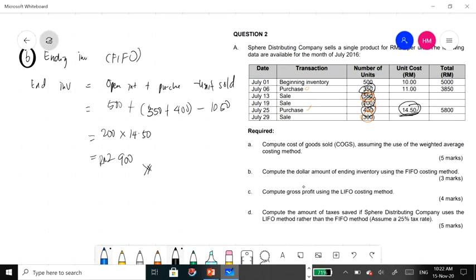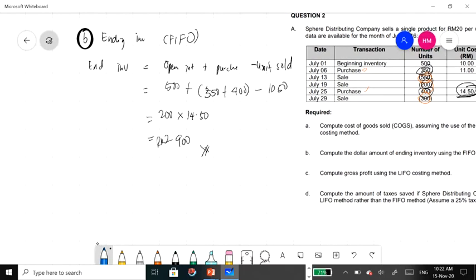Compute gross profit using the Lifo costing method. Okay, so Lifo costing method. Gross profit Lifo. So kalau gross profit yang you all kena tahu ialah sales lah.